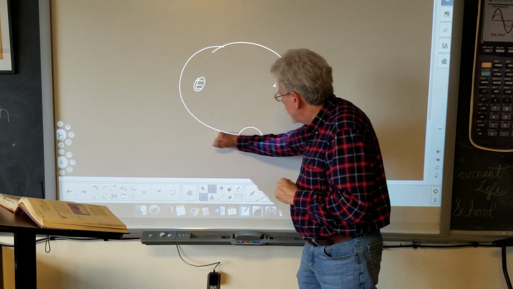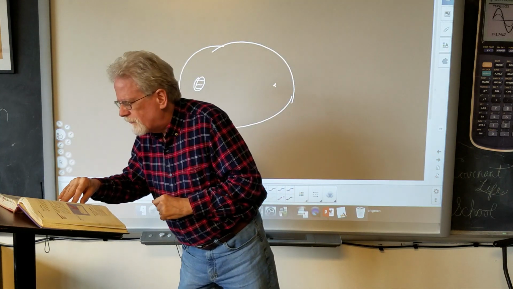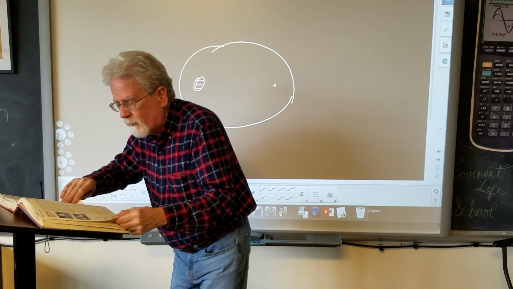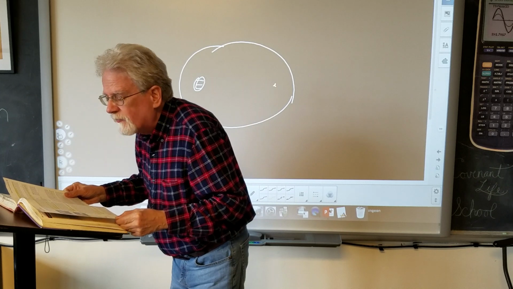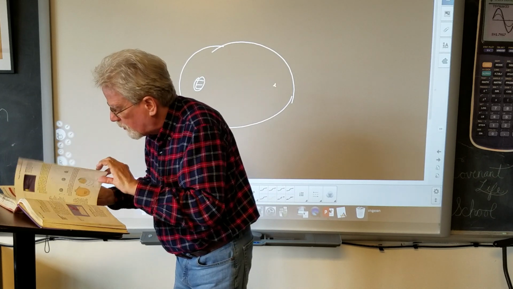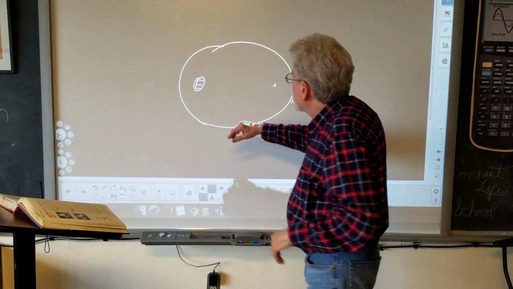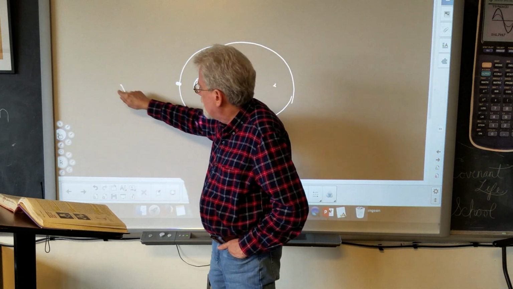There's nothing there. I want to neaten up this ellipse. That's just awful. Let's see. From there, we define some special points. I'm now flipping over to around page 192 or 193. The point where it's closest to the Earth is called what?